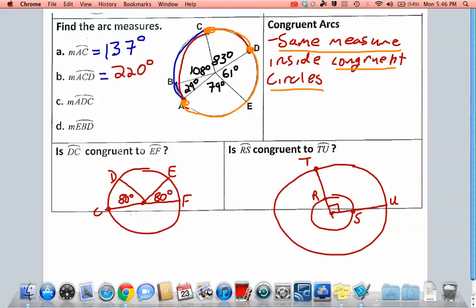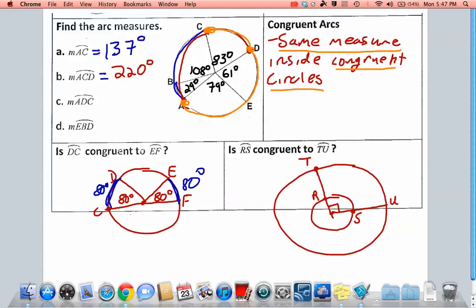So if I go down to this example in the lower left, is DC congruent to EF? Well, I'm looking at DC right here, and I'm looking at EF. Are they congruent? Well, are the measures the same? Yes. 80 degrees and 80 degrees. That's my first question. Are the circles congruent?